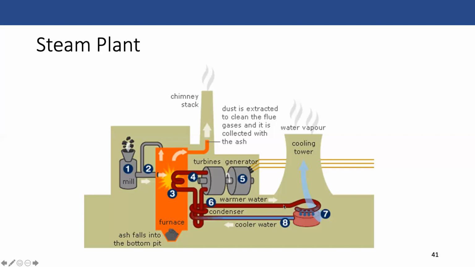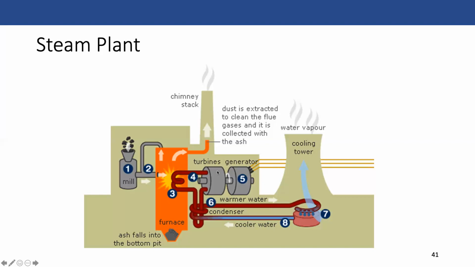You then have 2 loops of water, essentially. So this one going into the turbine and generator and coming out of the turbine and generator is a closed loop. And the water in this closed loop gets heated up from the combustion process, it turns into steam, and it's sent through the turbine.